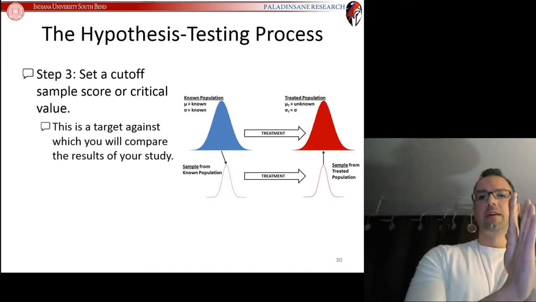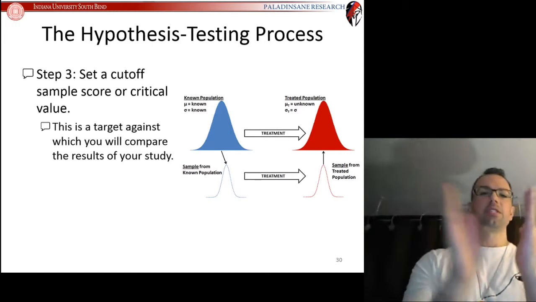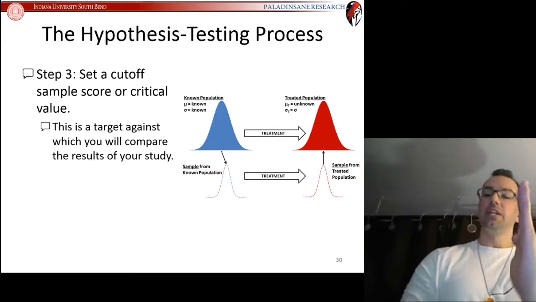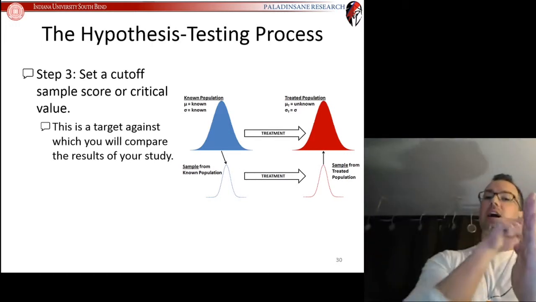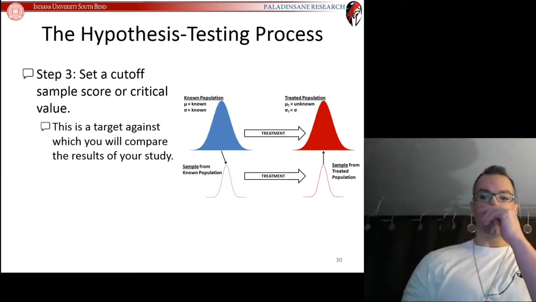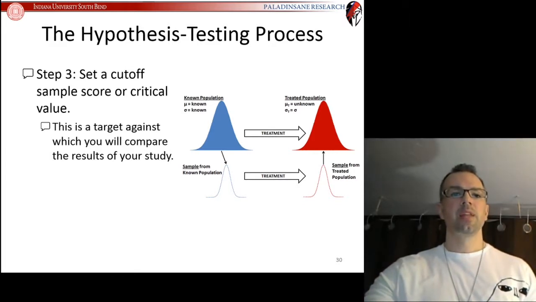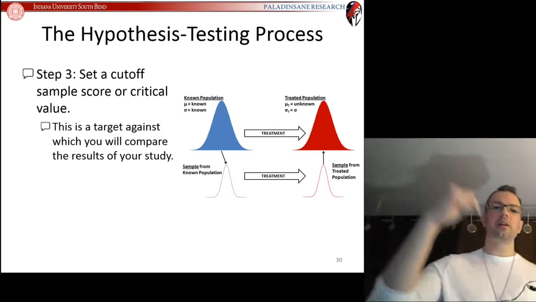But just so you know, we have to have this line in the sand, because otherwise we introduce human bias. How much of a difference is enough? So if we have that clear line that says, hey, you cross this line, and I'm going to say that treatment is effective, that is what's going to help us make those decisions. All right, so that's step 3.